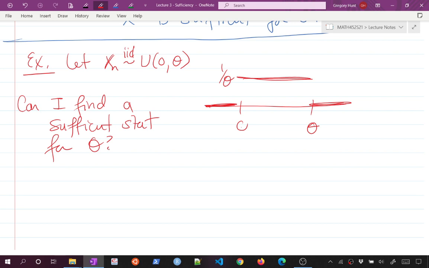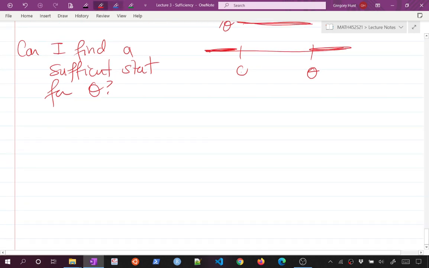So this is kind of different, though. I'm not going to tell you what it is. What we're going to do is apply the factorization theorem and see if we can figure out what we need to make t in order to make the theorem hold, and that will tell us what the sufficient statistic is. So the factorization theorem says we're going to look at the joint distribution of the data.